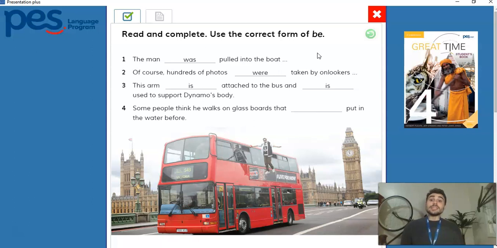And number 4, some people think he walks on glass boards that are put in the water before. Okay, so here are the sentences that you could find in the text.